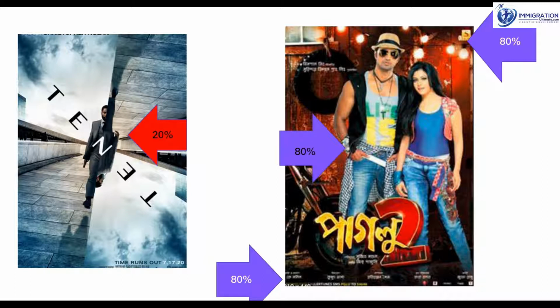The trailer is already out and you can see the 20% work is actually done on the graphic, and because of this 20% of work, the movie is sellable. But in the next slide, on the right-hand side, it is a Bengali movie and they have done 80% of the work.